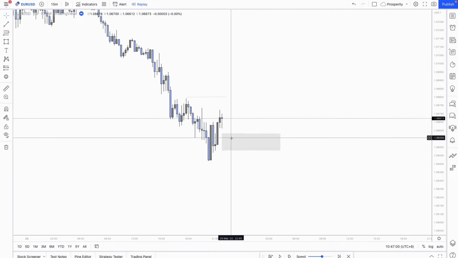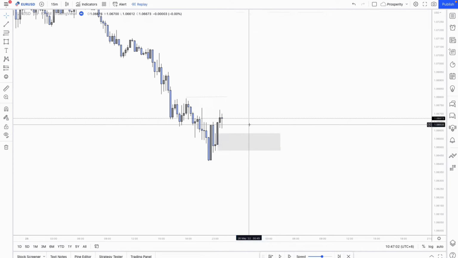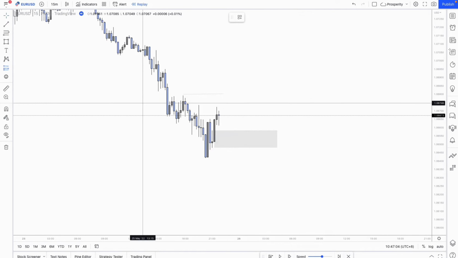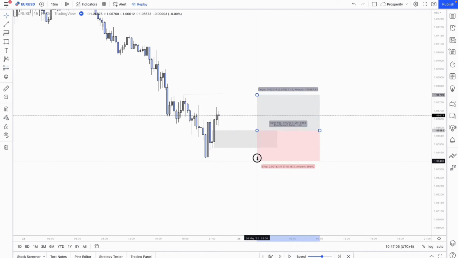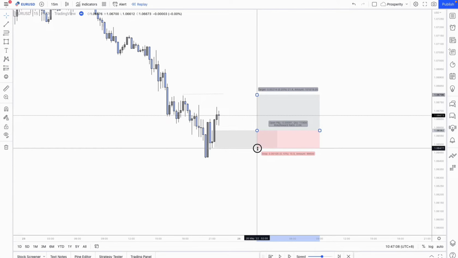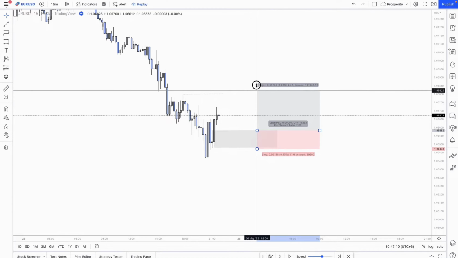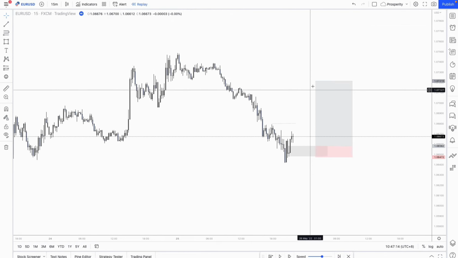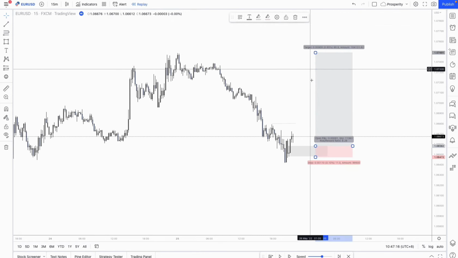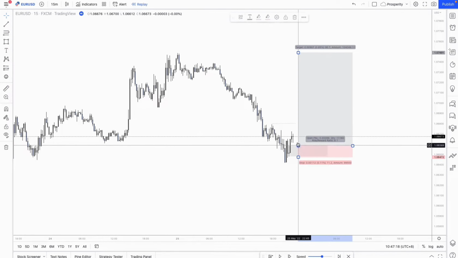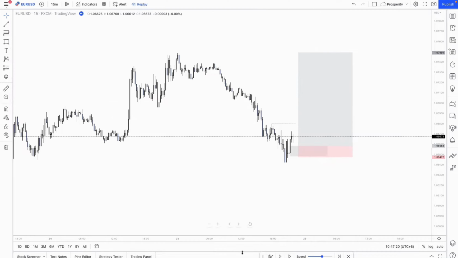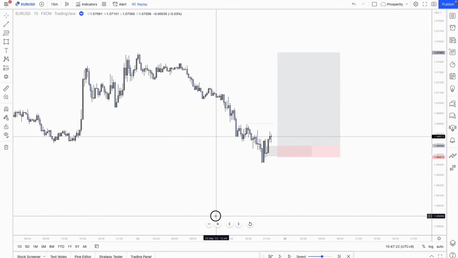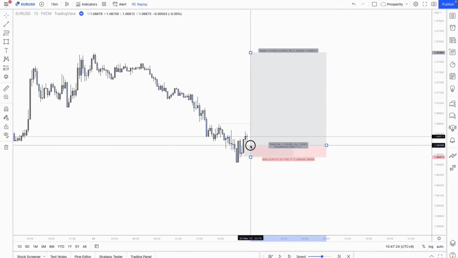It has inefficiency, right? Let's say you've taken a long from here. The moment that price comes back to that zone is the moment it becomes mitigated.